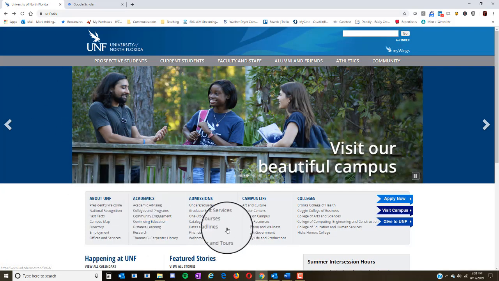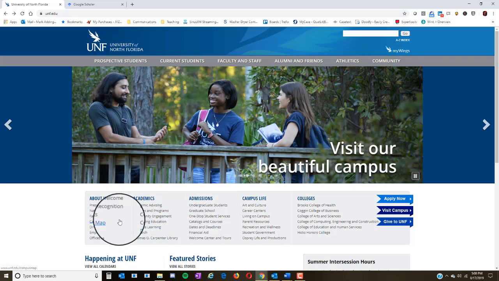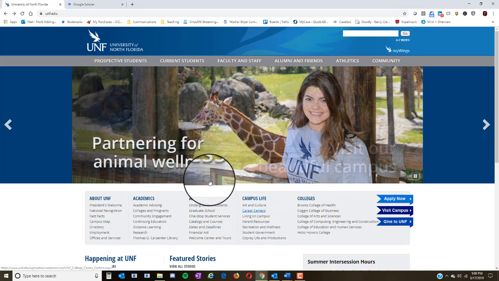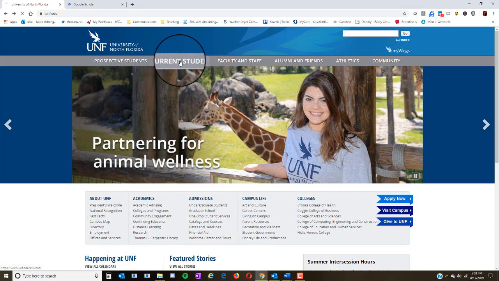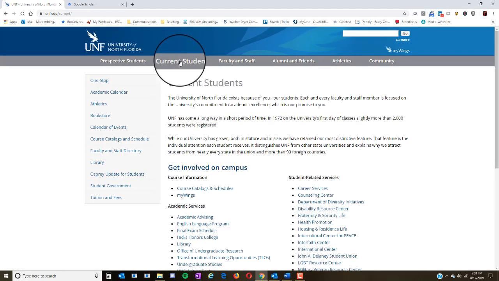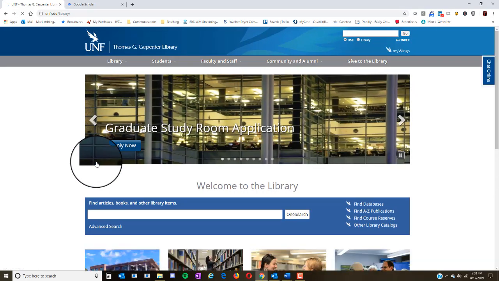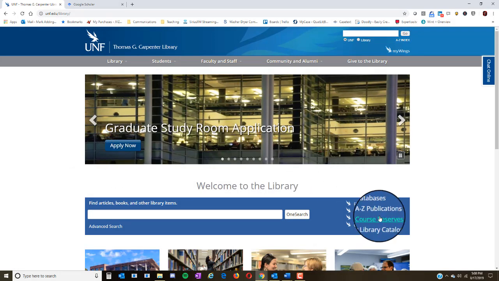Alternatively, you can look at the library, and there are lots of ways to find the library and do research. If you go to the current students tab on the University of North Florida's homepage, and then to library, you can get to the main library page. And then right in here you can see where it says find databases.